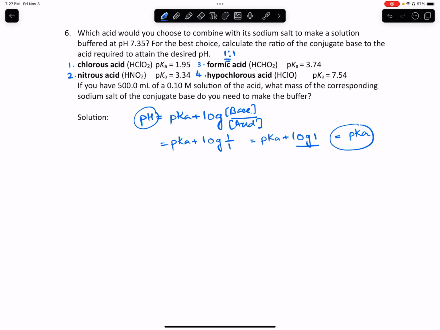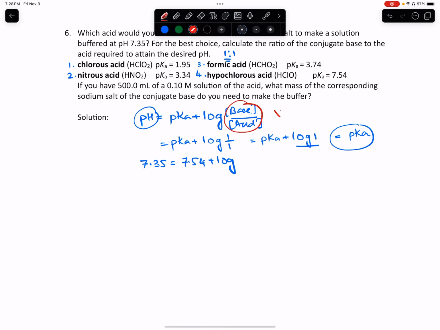Let's plug those values into this equation. pH is 7.35, that's given to us. pKa is 7.54 plus log of base over acid. Let's call that ratio x, so log of x.